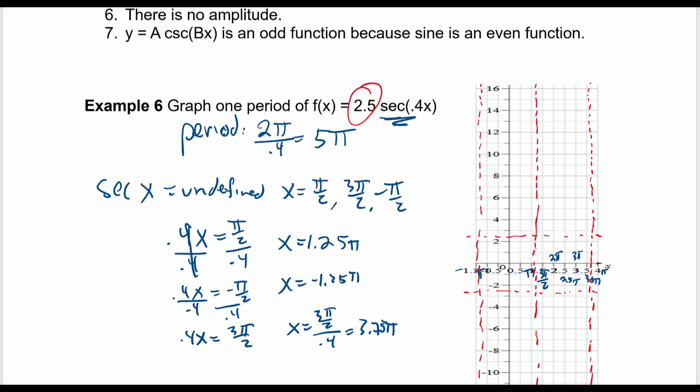So let's think about this. Cosine is going to be positive in this area, so the secant is going to be positive coming down like that. And then this is going to come up like that.